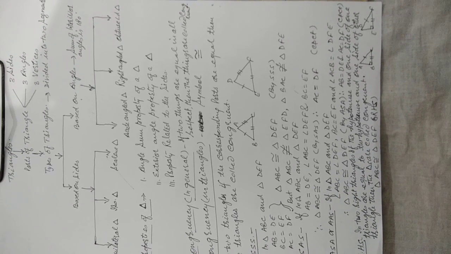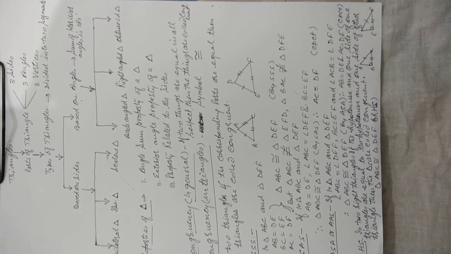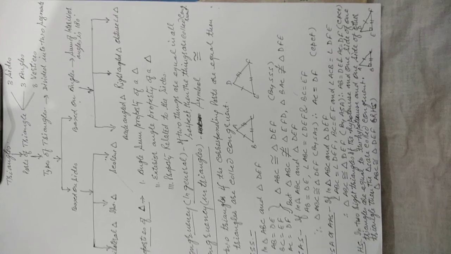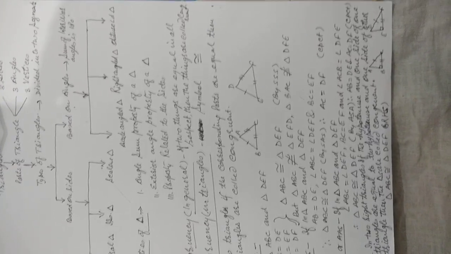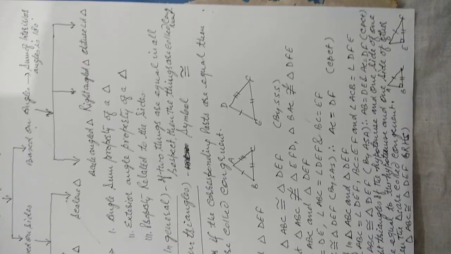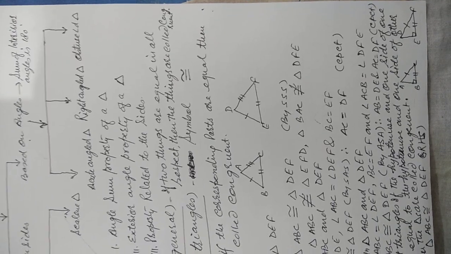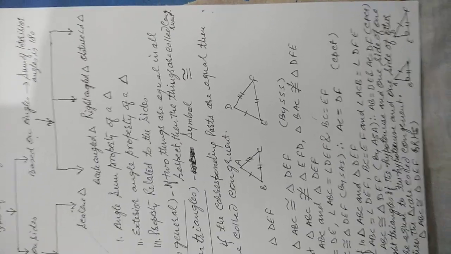Therefore, the remaining part must be equal. When the two triangles are congruent, then all the corresponding parts must be equal. So therefore, we can say AB is equal to DE and AC is equal to DF. That is because by CPCT, corresponding part of congruent triangle.